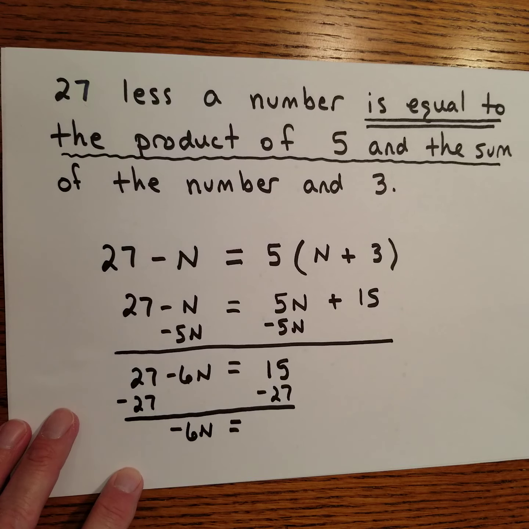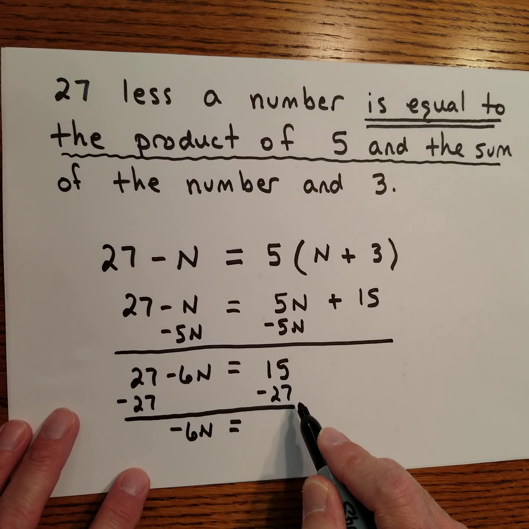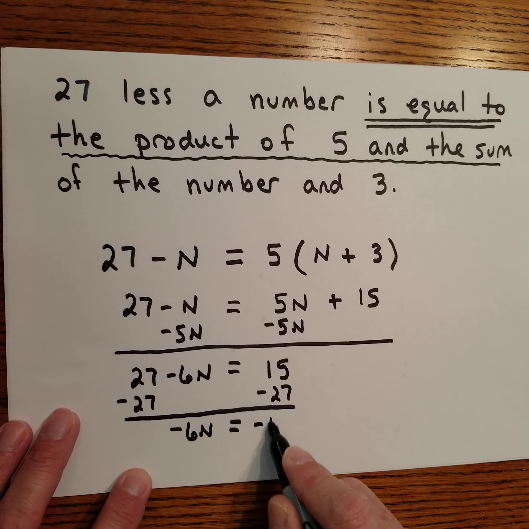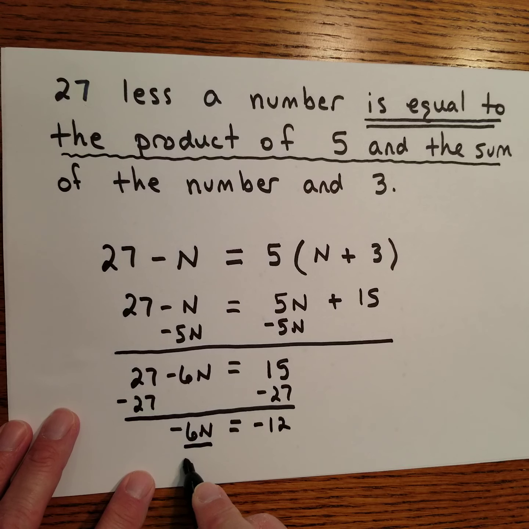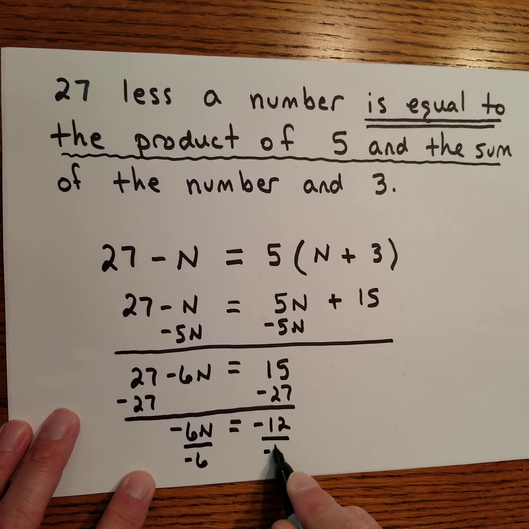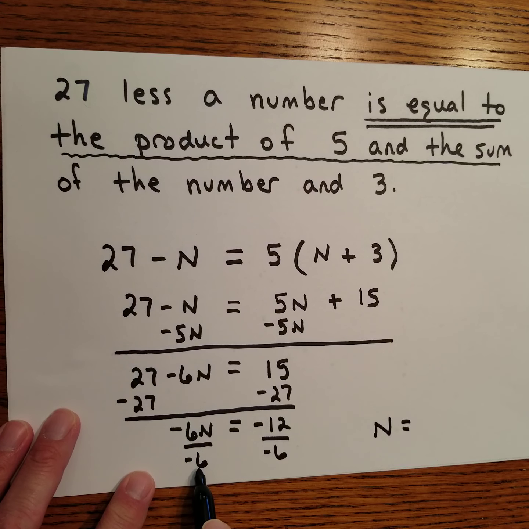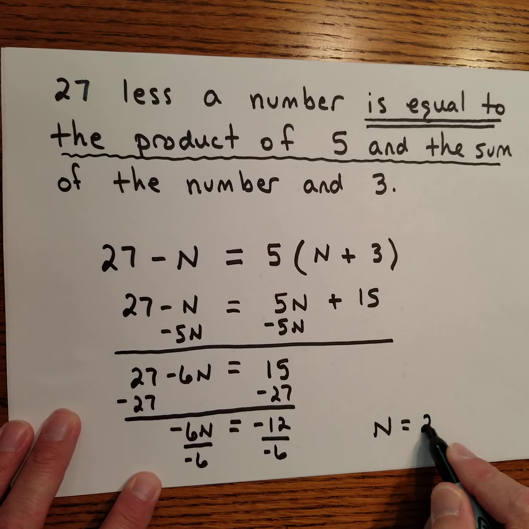Copy the negative 6n. 15 and negative 27 is negative 12. Now divide by negative 6. Negative 6 divided by negative 6 is 1n equals negative 12 divided by negative 6. A negative divided by a negative is a positive, and 12 divided by 6 is 2.